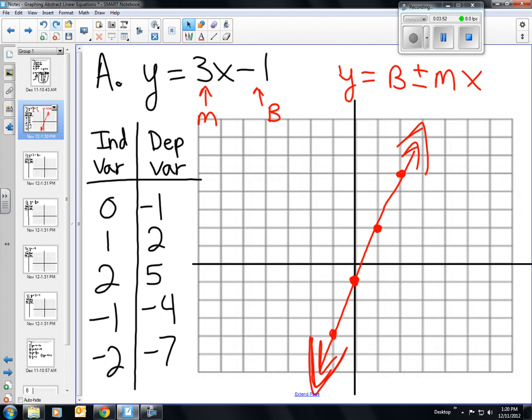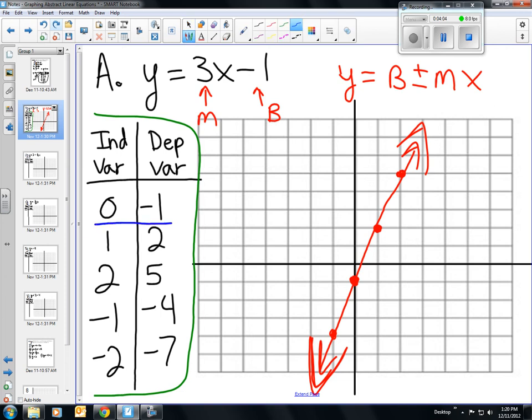Let's check that idea with our chart, which has 5 solutions that are part of this equation. The first one, 0, negative 1, is a solution here on the graph. Then you have the solution 1, 2, which is this one. Then the solution 2, 5, which is this one here.